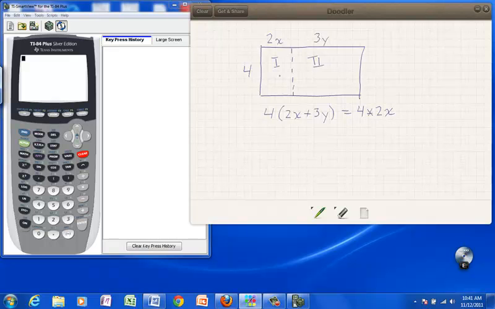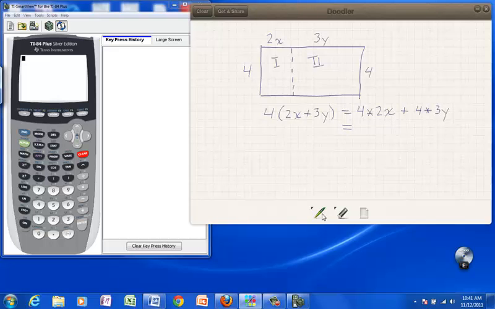And I can figure out the region of this other smaller rectangle by taking 4 times 3y. And then if I add those two together, I'll get the area that's represented by 4 times that whole length.